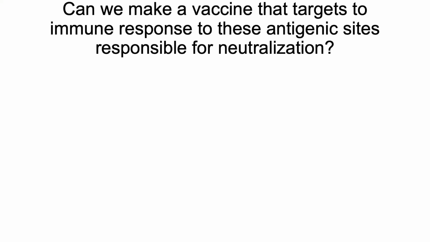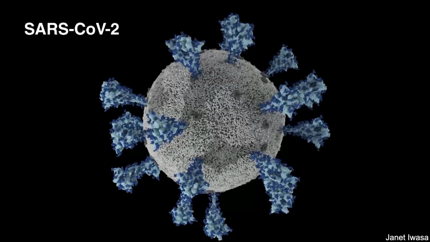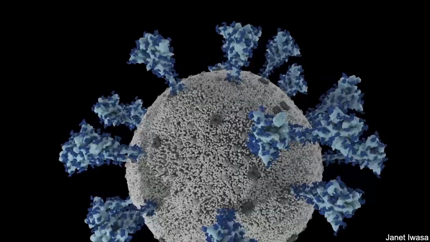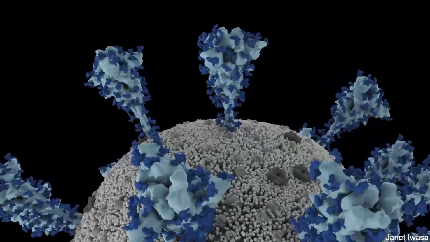And again, I'm going to show a video from Janet Owasa, just displaying what we've done here. So again, we have the SARS coronavirus 2 virus displayed here with the spike proteins on the surface, glycosylated, and with their receptor binding domains moving from an up and a down presentation.